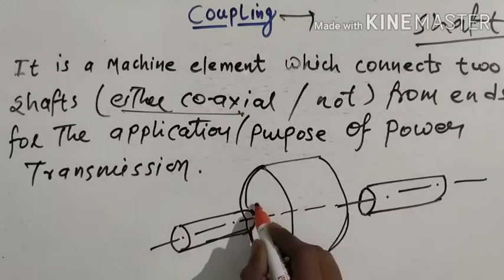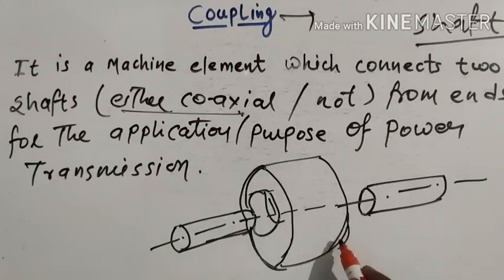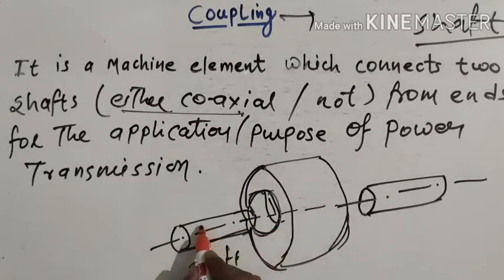It has a hub or boss. So this is a coupling, and the shafts are fitted inside the hub of the coupling with a key.